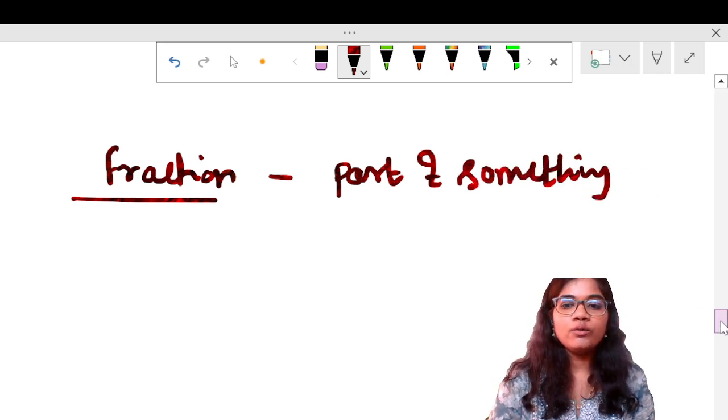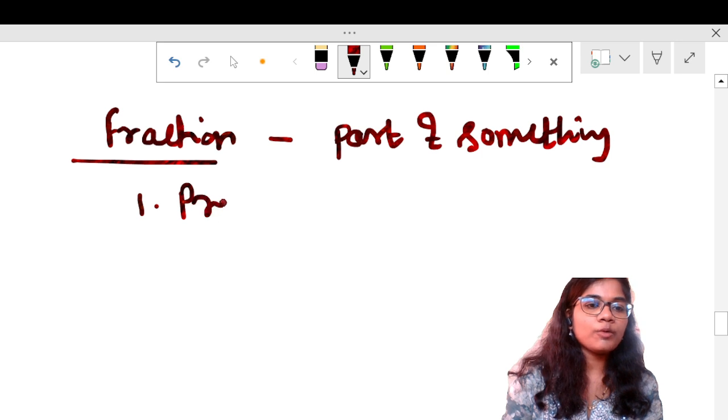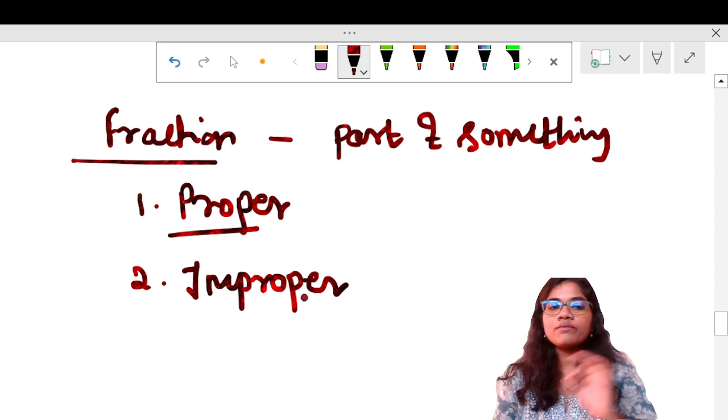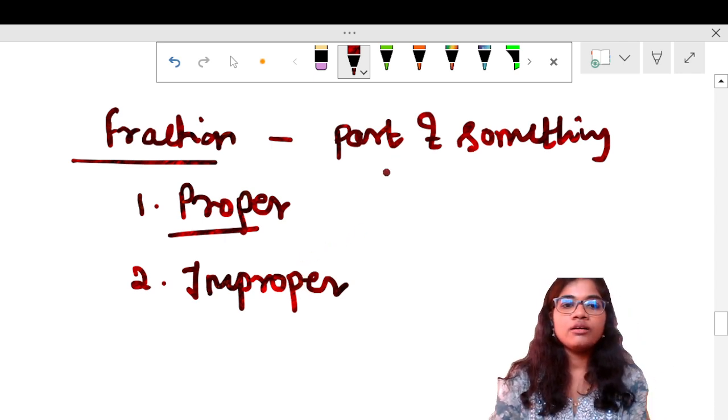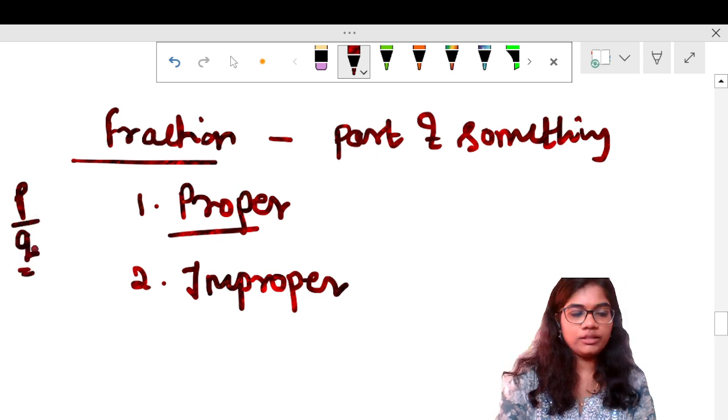Okay. Now, there are a few types of fractions. The first one is proper fraction and the second one is improper fraction. Now, what is the difference between proper fraction and improper fraction? We were talking about this P upon Q form of the rational number, right?